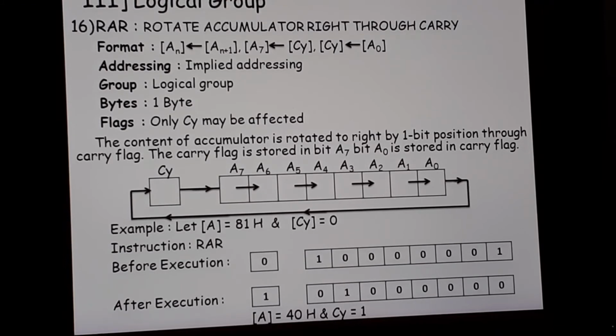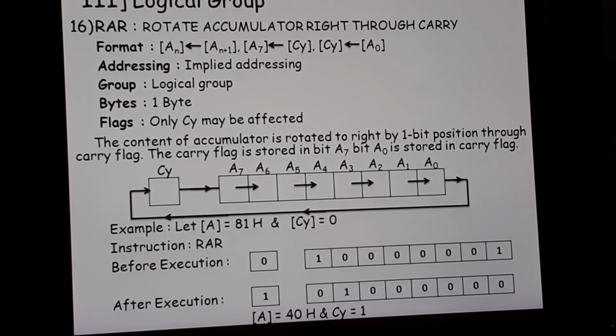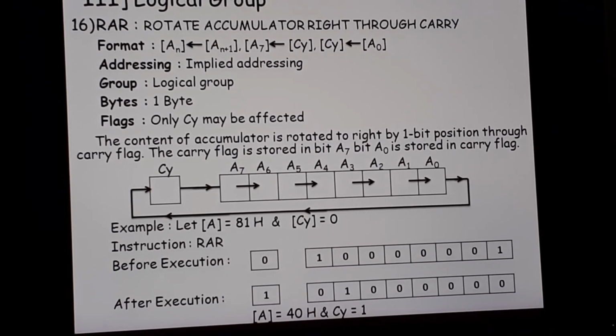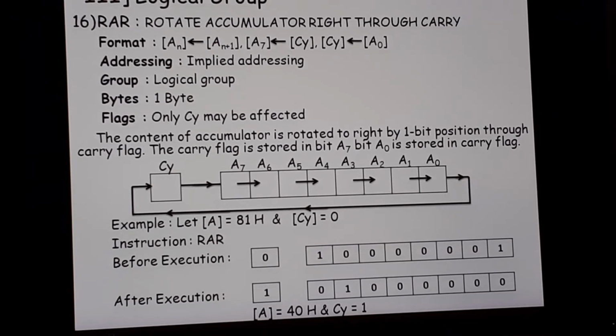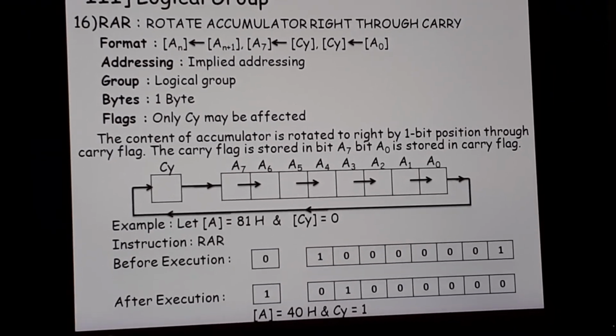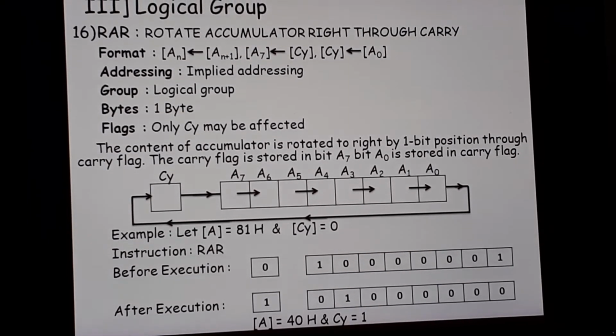The A0 bit before execution was 1, which got shifted to carry, so carry became 1 now. Then the carry bit you will shift to A7, so hence it will be 0 1 0 0 0 0 0 0.